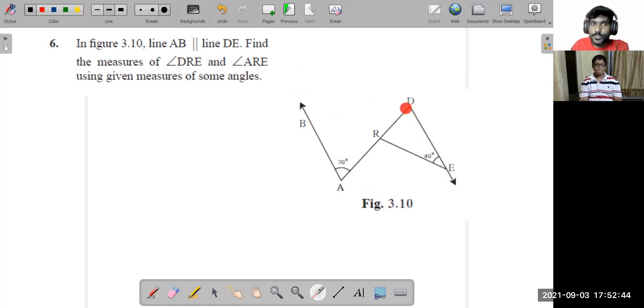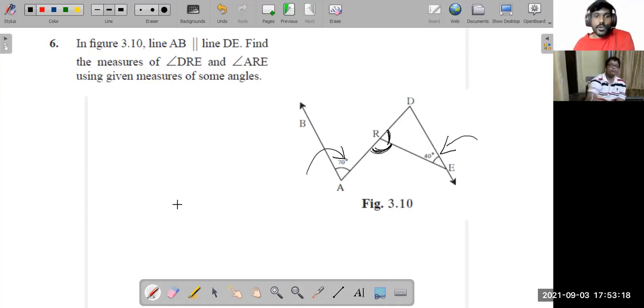Then the measure of angle DRE, that is this angle, and the measure of angle ARE, that is this one, you have to find out. Is the question clear? And what is given? This is 40 degrees given to you. This is 70 degrees given to you. Clear?